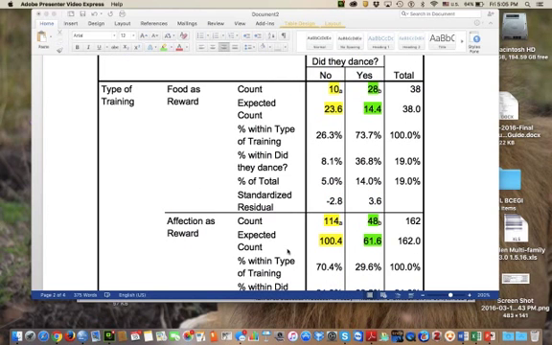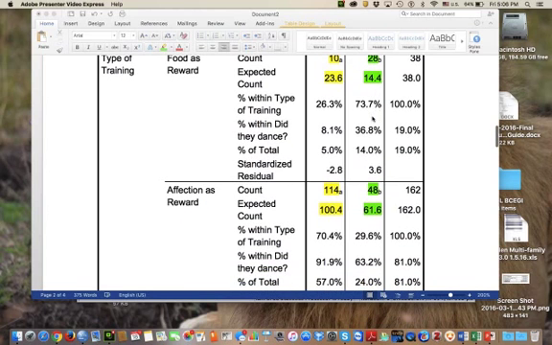So as I review the output variables, if using food as a reward to get a cat to dance, our expected was 23 that wouldn't. However, only 10 didn't. Our expected 14 were expected to dance for food as a result. However, we got twice that amount, or we got 28 to dance.